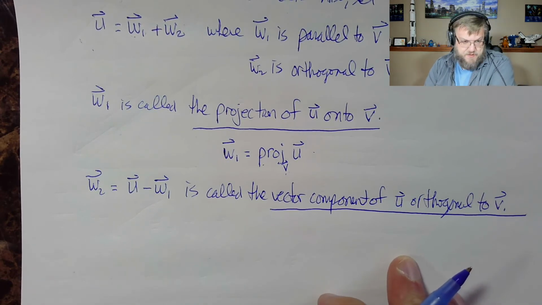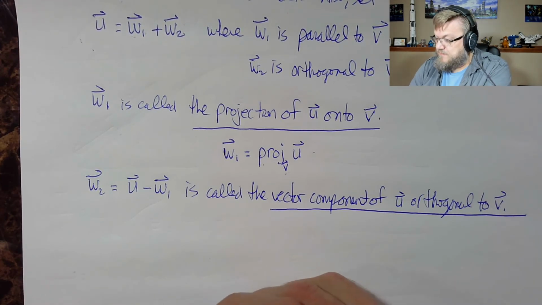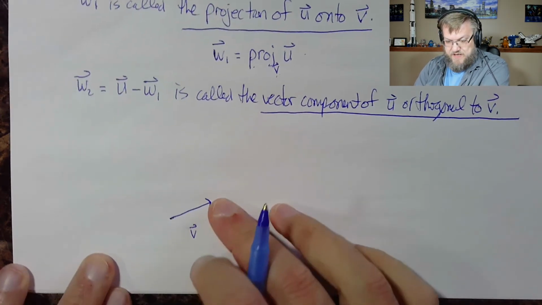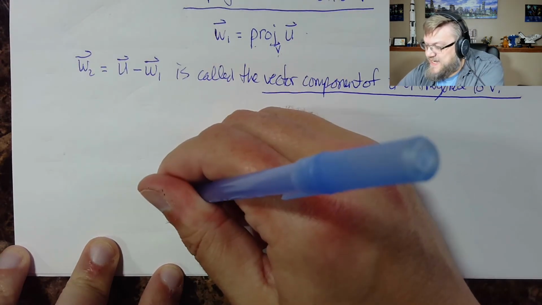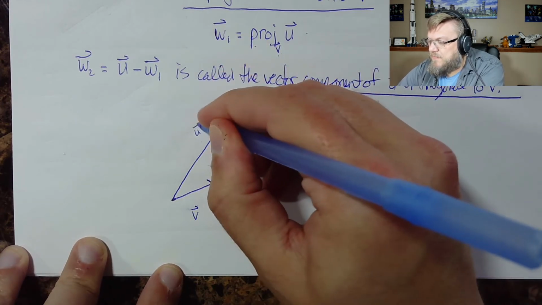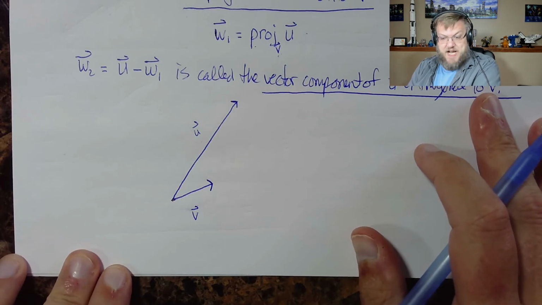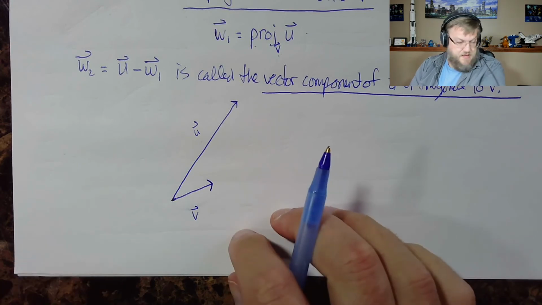Picture time, let's do it. So here is, let's say, v, and I'm going to intentionally draw v to not be horizontal. So v is angled relative to my paper like that, yeah? And let's say that u is something like this. Given these two vectors, I can project u onto v. Here's how I do this.